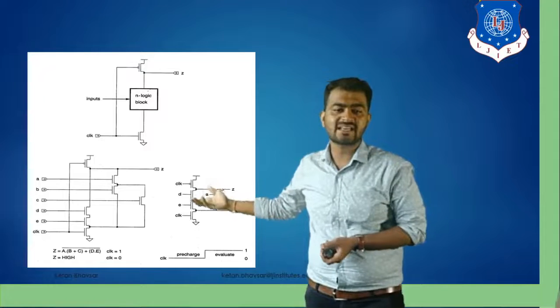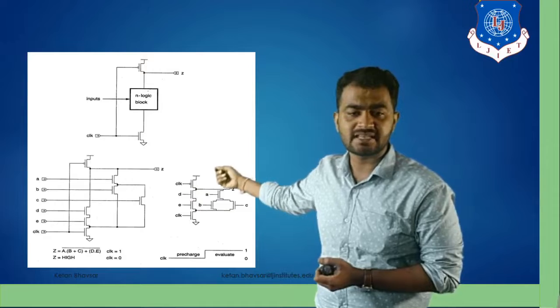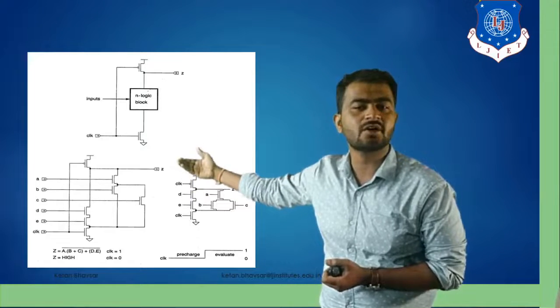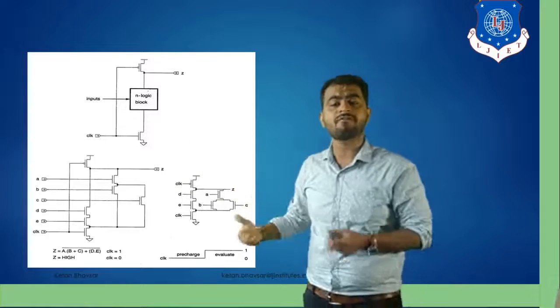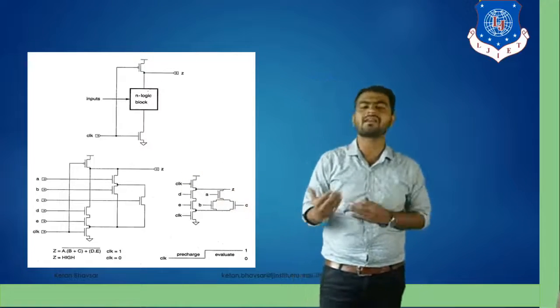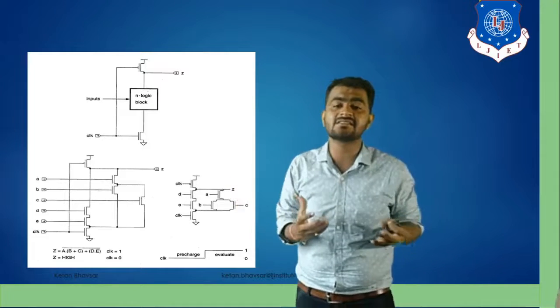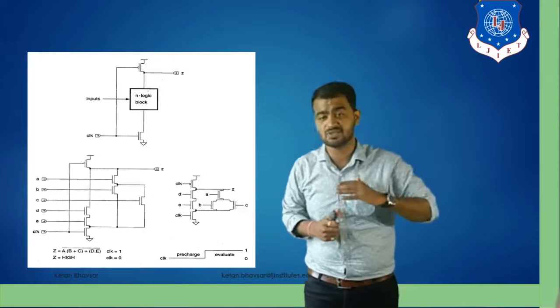Here you can see one example: Z equals the complement of A into B plus C plus D into A. It can be designed with the help of this type of circuit logic too. There is no need to add multiple PMOSes connected in series and parallel. So this is a next generation technology, or we can say the latest CMOS configuration design compared to a normal CMOS configuration.